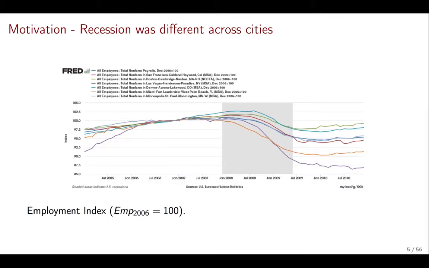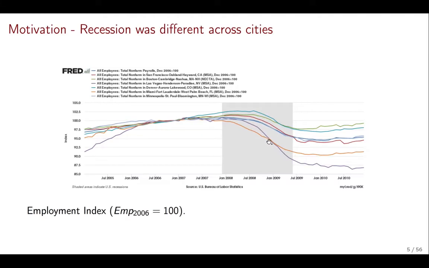Well, the first thing that we're going to see when we look at the data is that employment didn't go down the same way across all places in the US. Here I'm showing employment indices for different cities in the US. And so, for example, this purple line is going to be Las Vegas. Las Vegas had a very sharp and very big drop in employment.